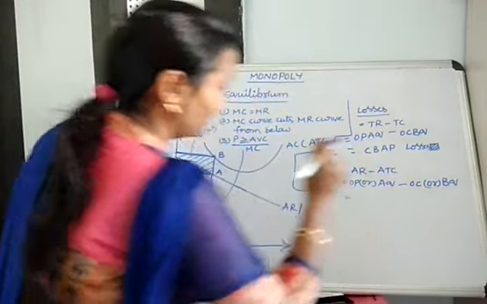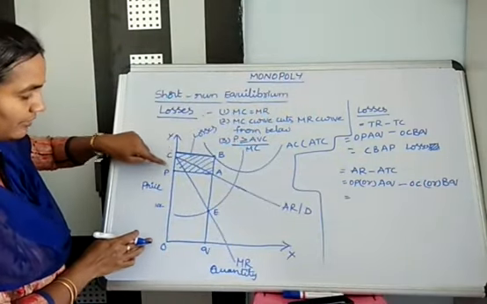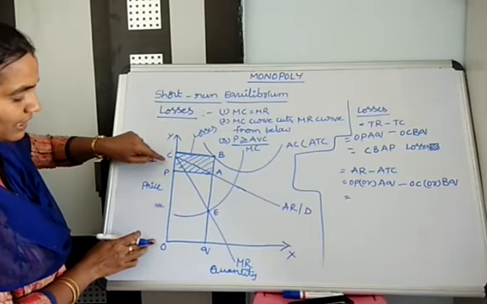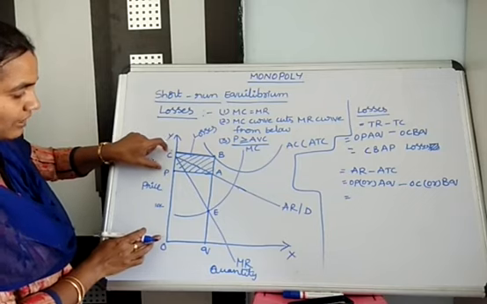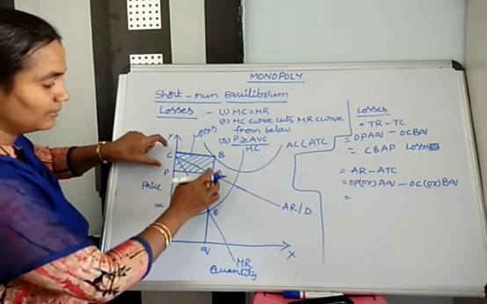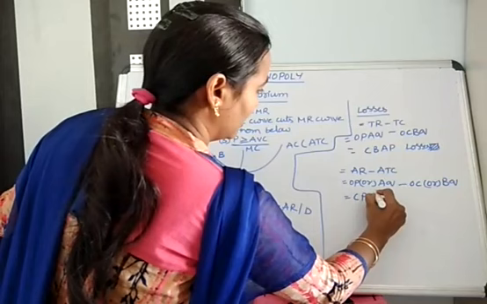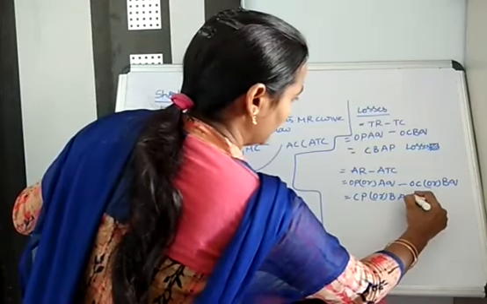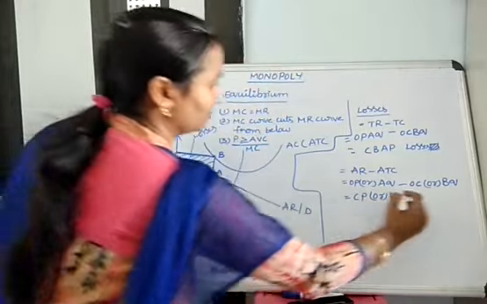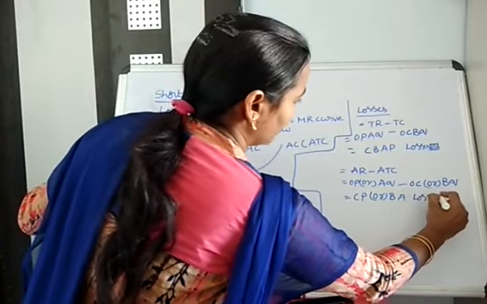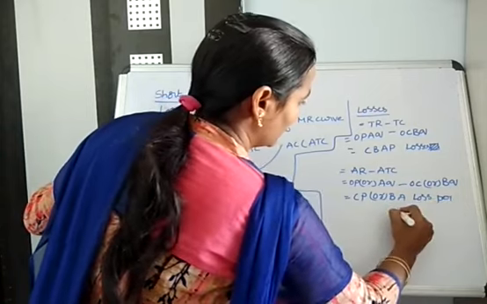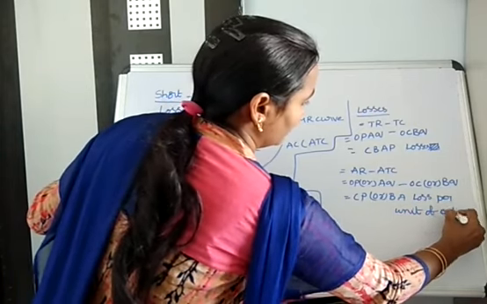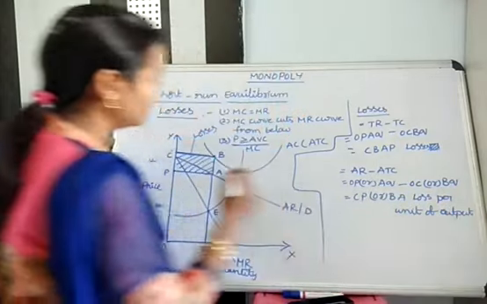So compared to average total cost, average revenue or price of the commodity is less. So for the remaining part the producer incurs a loss. This loss is the CP level or BA level. The CP or BA level of loss will be incurred by the producer. That is also shown here: loss per unit of output incurred by the producer.